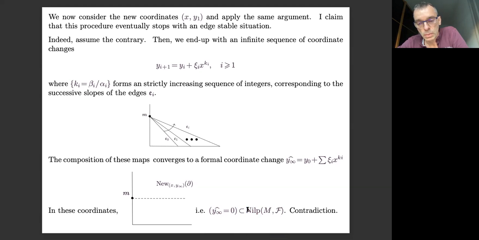It is an analytic set of codimension 2, and so it cannot have a component of codimension 1 either in the formal completion.